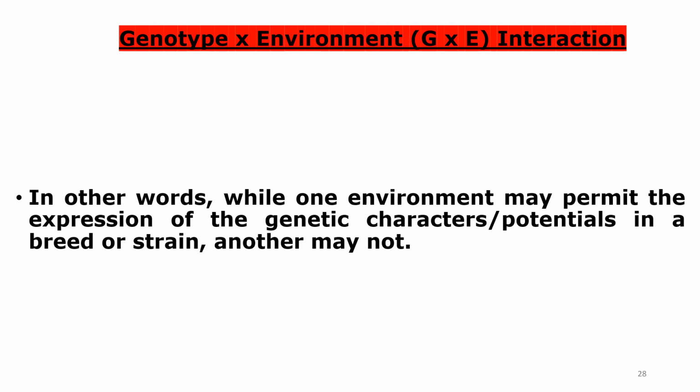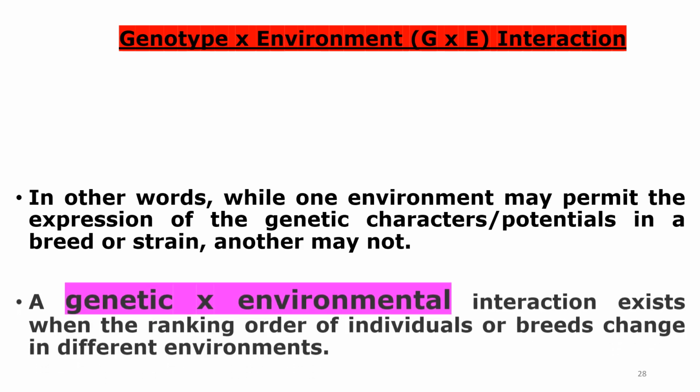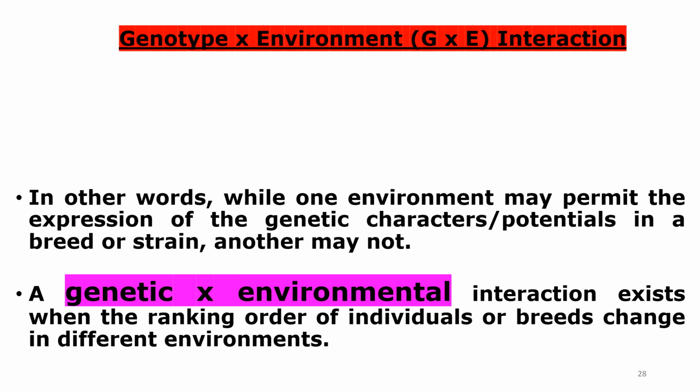In other words, while one environment may permit the expression of the genetic characters or potentials in an animal, another environment may not. So we say that a genotype times environment interaction exists when the ranking order of individuals or breeds changes in different environments.